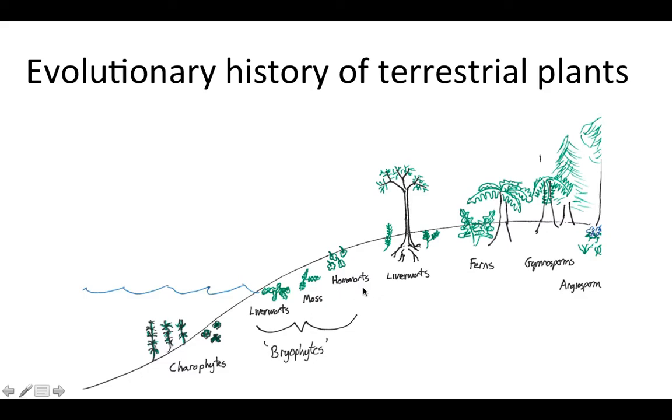The sister group to the Hornworts, so the other branch, is the Liverworts and all other terrestrial plants. So everything else here. And then progressively the Liverworts branch off, the ferns branch off, and finally we get a split between the gymnosperms and angiosperms.